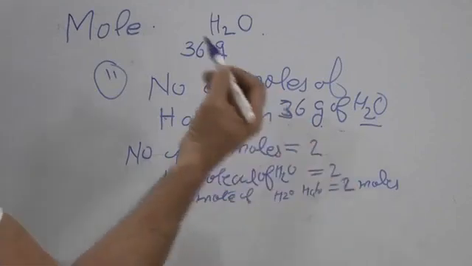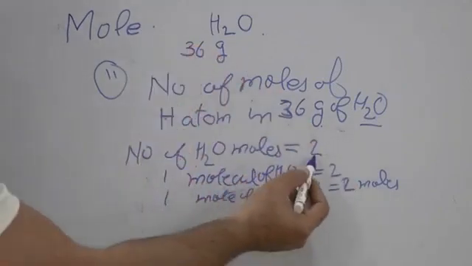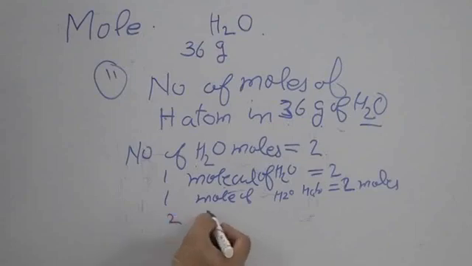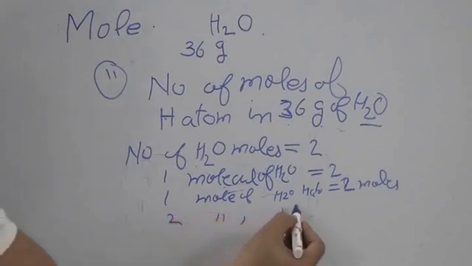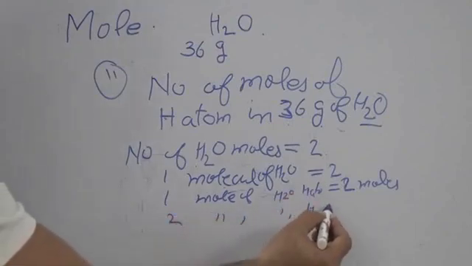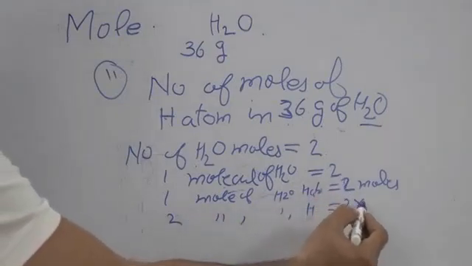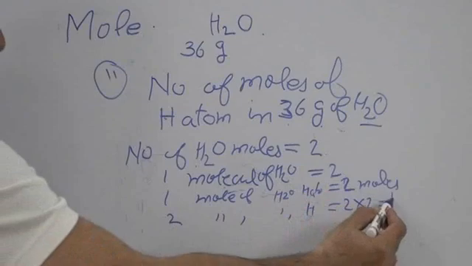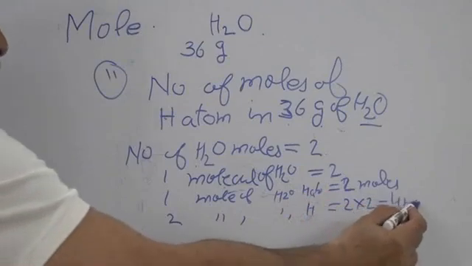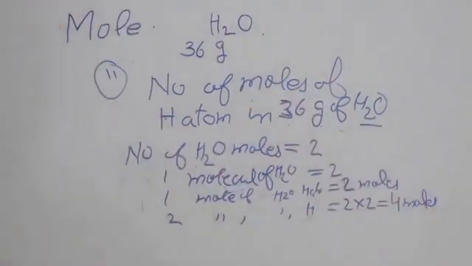Is that clear? And what is the total number of moles? This is 2. Therefore, in 2 moles of H2O, number of H atoms would be 2 into 2, that is 4 moles. I think this is clear to you.